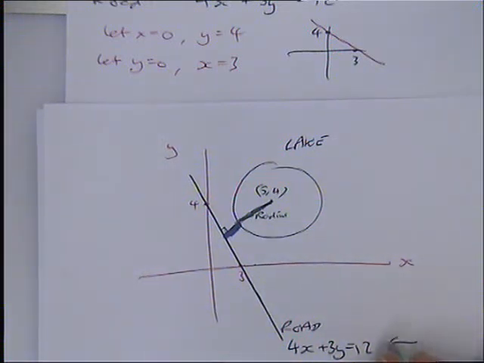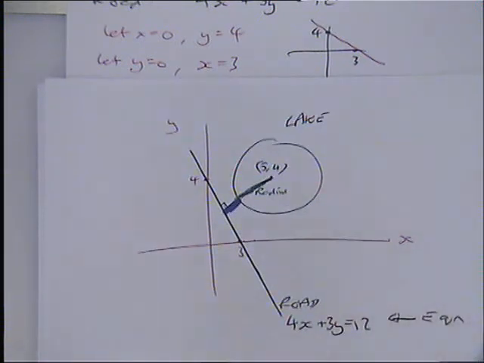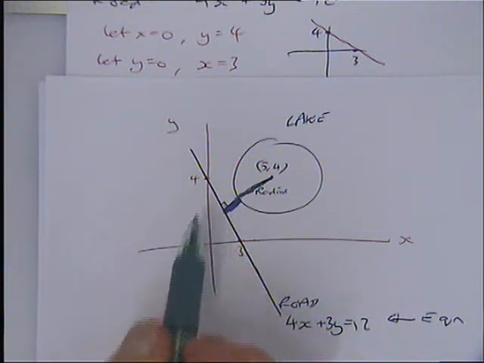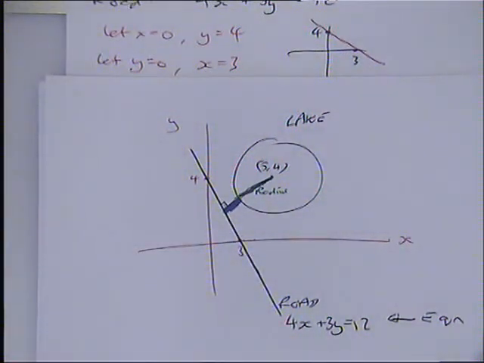I know its equation. I know it's straight. Is there anything else in terms of numbers I can work out quite easily of that line? It's perpendicular to the radius. What else can I work out fairly quickly about that line? Its gradient, yeah.